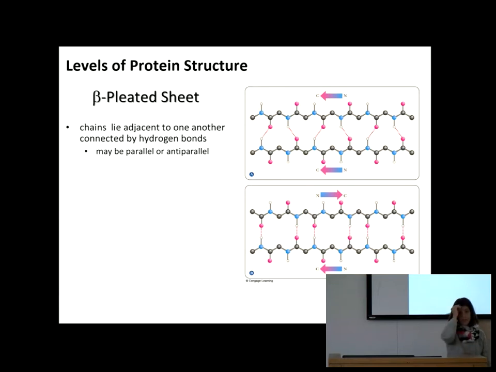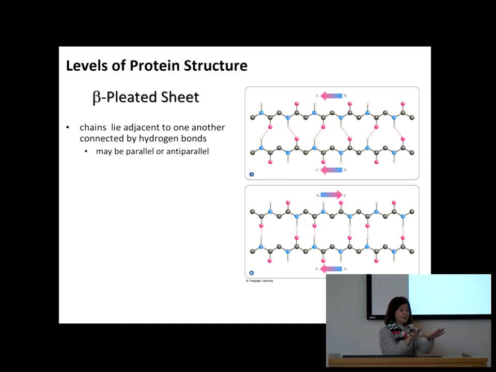A lot of weird things can happen, and we'll talk about that later. But this is why I have the different arrows. So here, this top one was more like this, and this bottom one is more like when I go like this. So the basic point, what I need you to remember, is that you have two chains coming together. They can be on the same chain, but the parts of the chain come together, and they lie side by side.